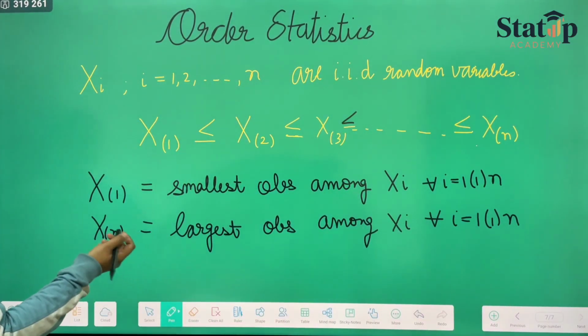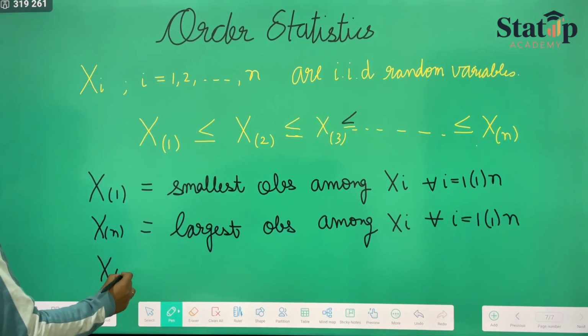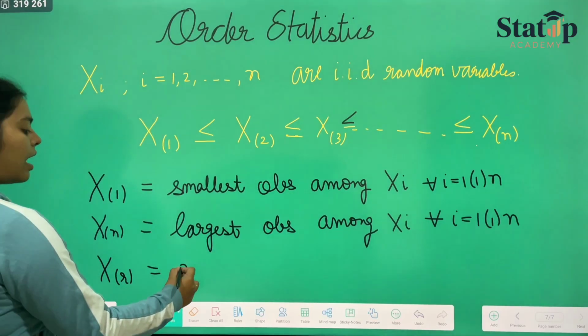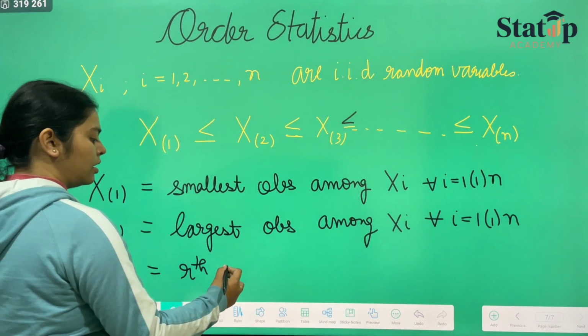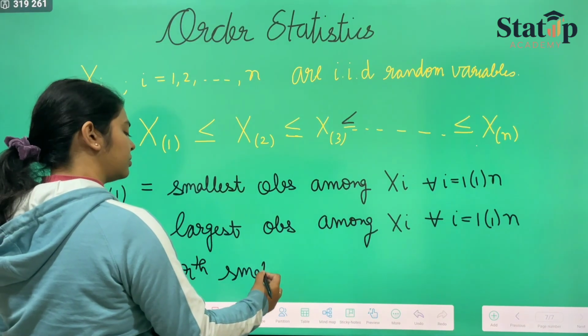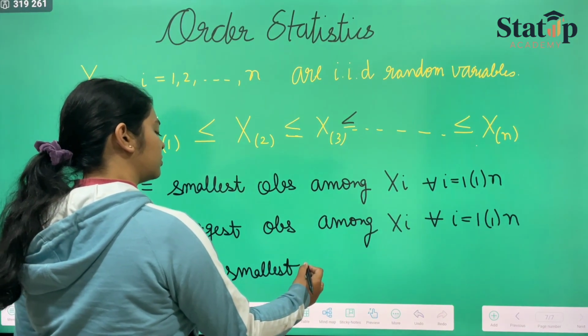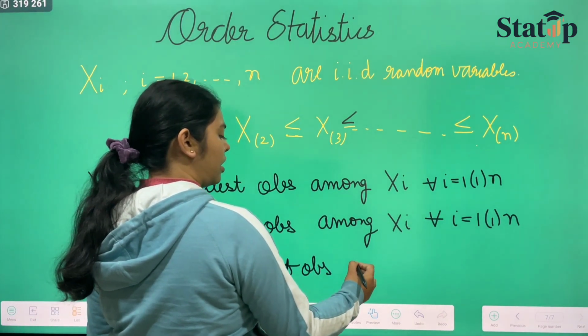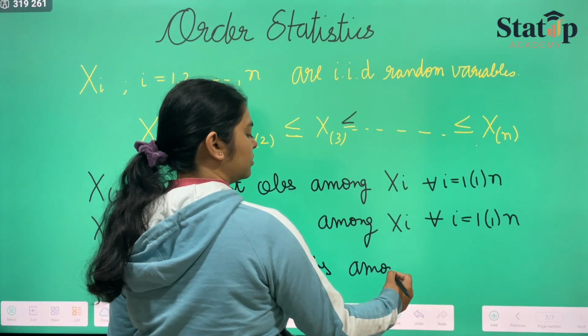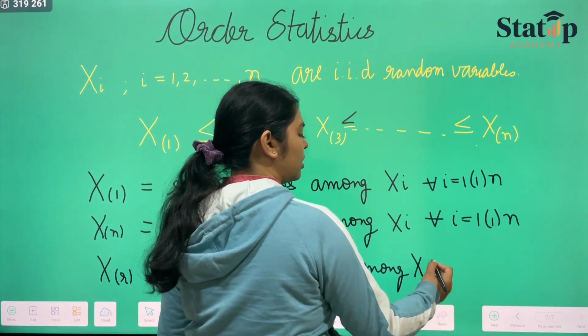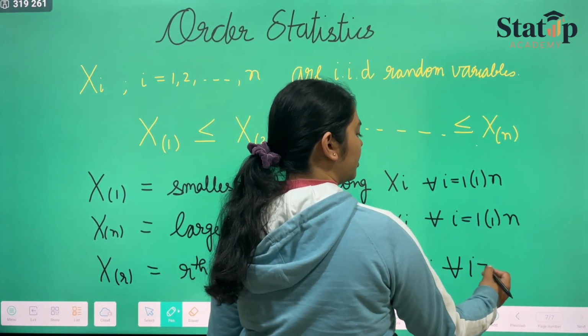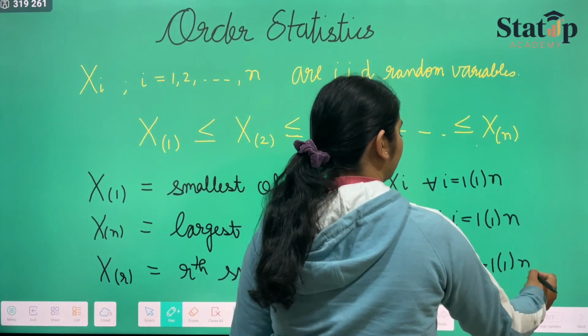And if I take randomly Xr, then it is the rth smallest observation among Xi's for all i going from 1 to n.